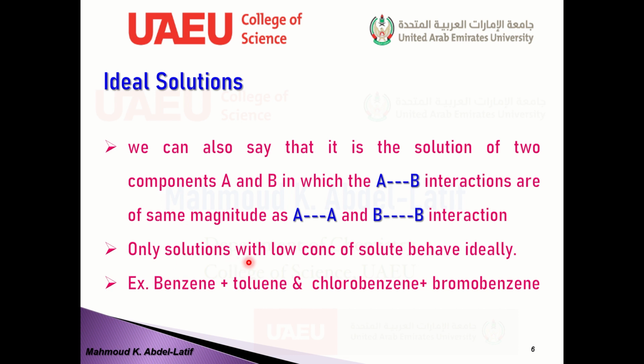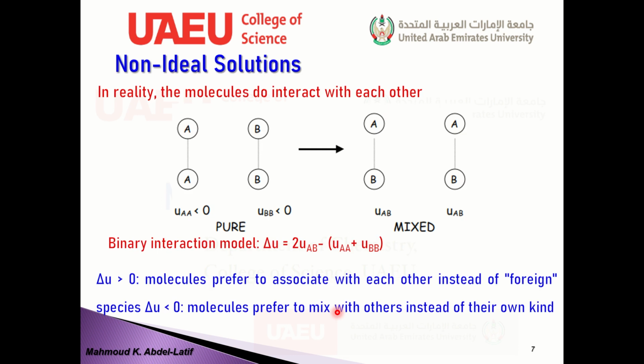Only a solution with low concentration of solute behaves ideally. For example, we are going to study in this experiment two parts, the ideal solution and the non-ideal solution. For the ideal one, like benzene, toluene, chlorobenzene, and bromobenzene. For the non-ideal one, it could be methanol with water, for example.